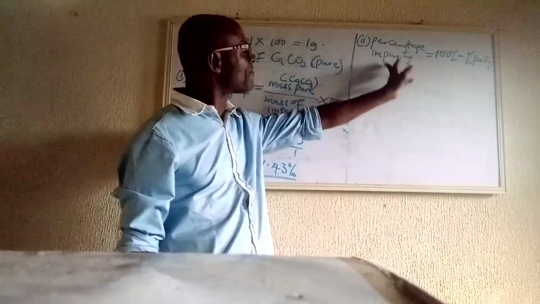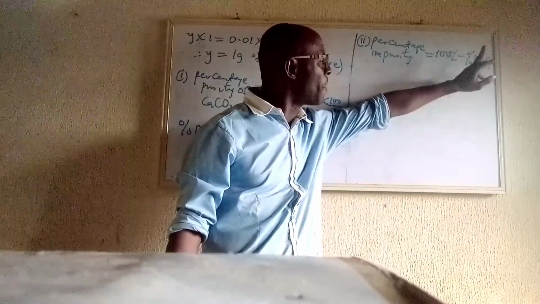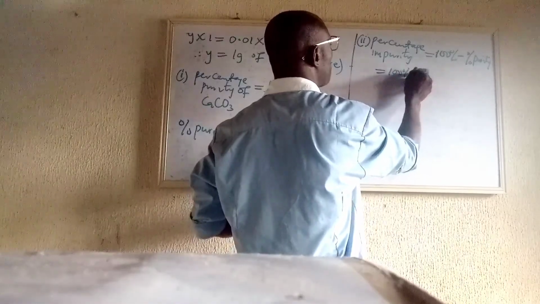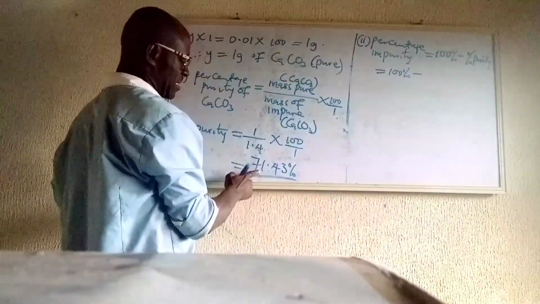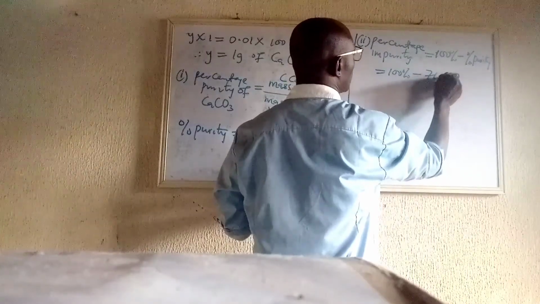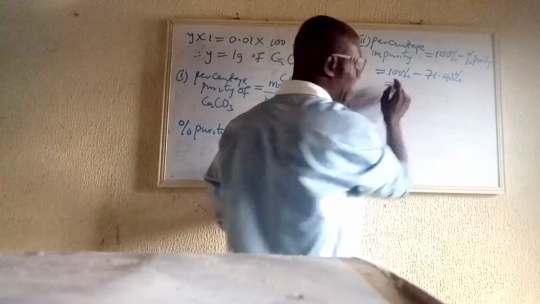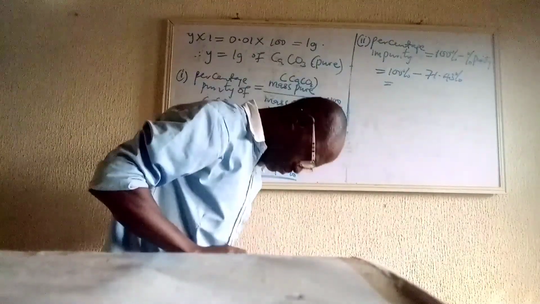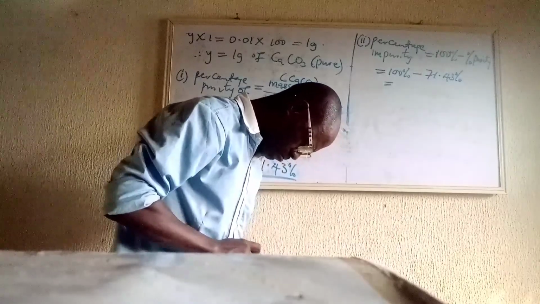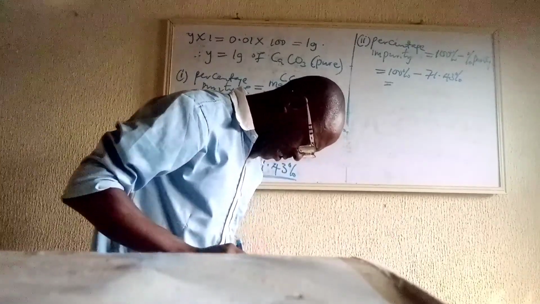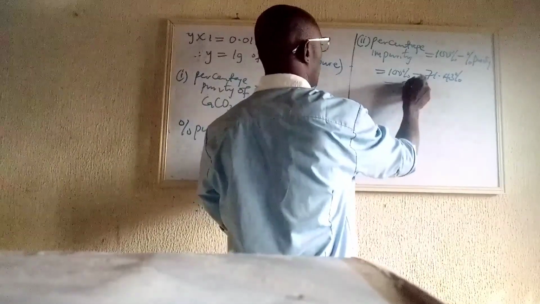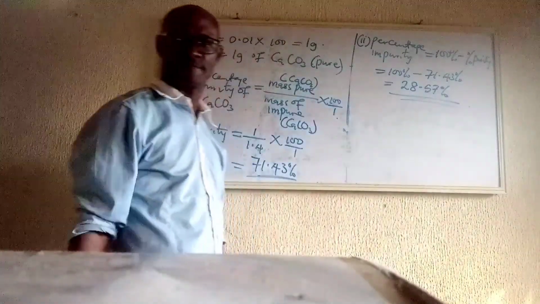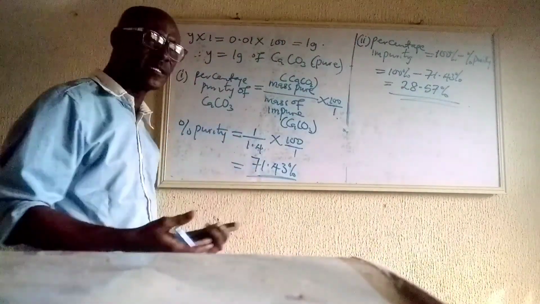So percentage impurity is 100% minus percentage of purity. That means 100% minus, what is the percentage here? 71.43. And what would that give us? 28.57%. That is one way, which is the faster and the better way.